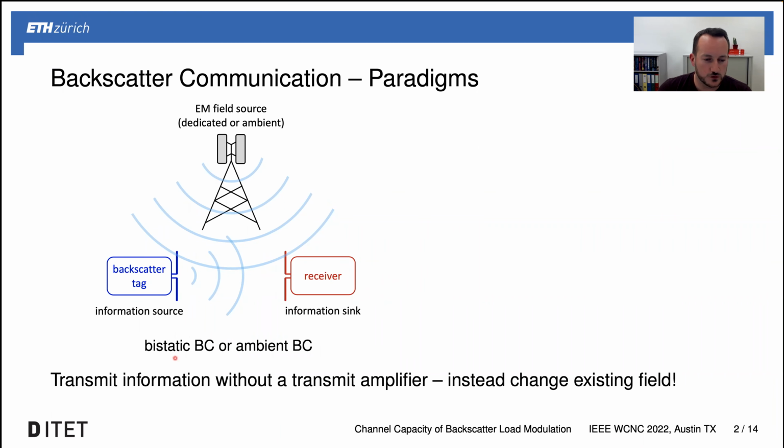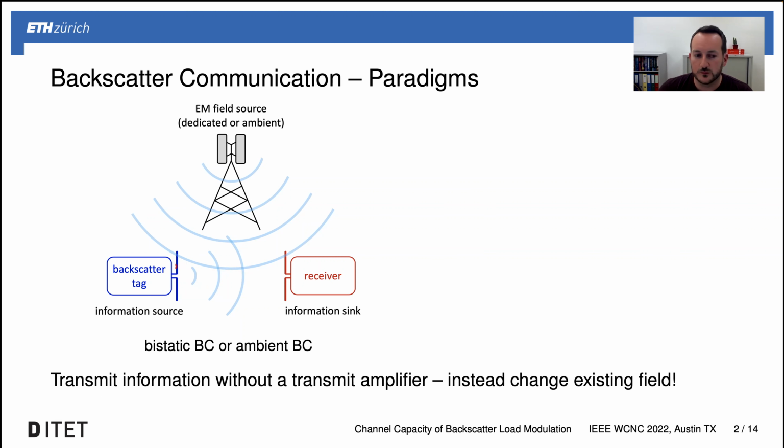This setup shows either bistatic BC or ambient BC, depending on whether this electromagnetic field source is dedicated or ambient. It generates an electromagnetic field. This field induces a current in the backscatter tag, and the tag switches or adapts its load termination in order to affect this current and the electromagnetic field.